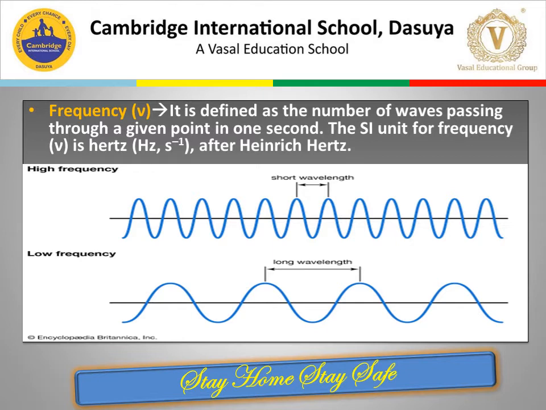So the more complete cycles passing through a point in 1 second, the higher the frequency. A lower number of complete wave trains passing through a point in 1 second means lower frequency.